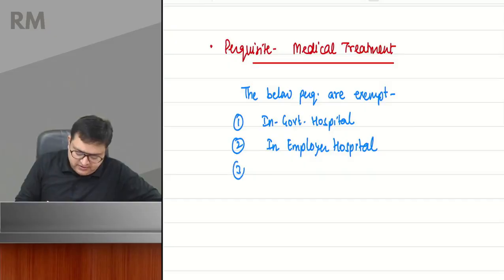Then treatment in other hospital, which is not government, which is not employer, meaning private hospital, but the treatment is of notified or prescribed diseases only.